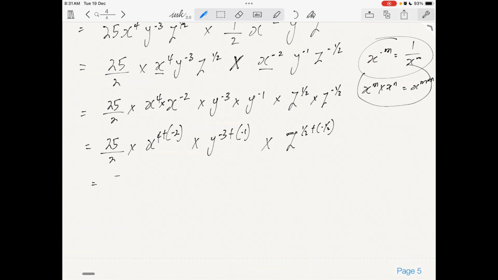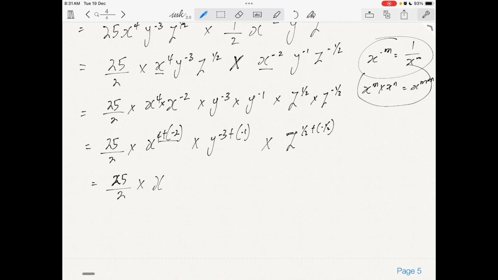So in short, we have 25 over 2. 4 plus minus 2 will give me 4 minus 2, because positive times negative gives a minus.